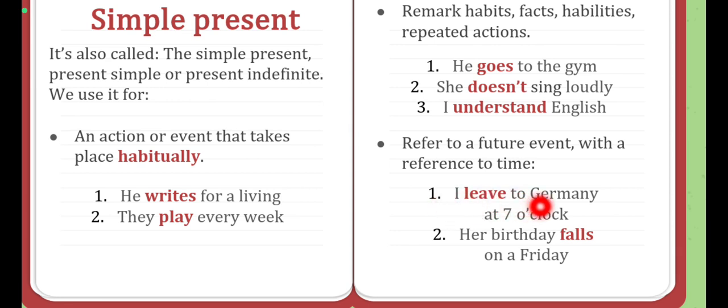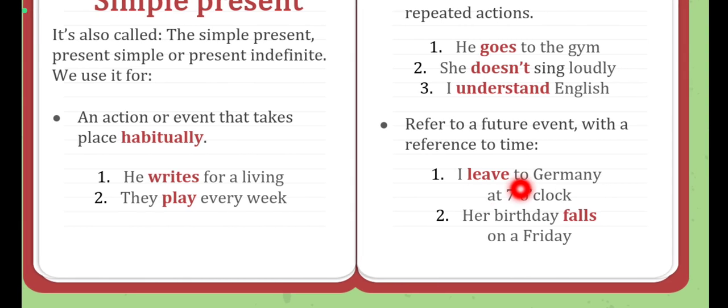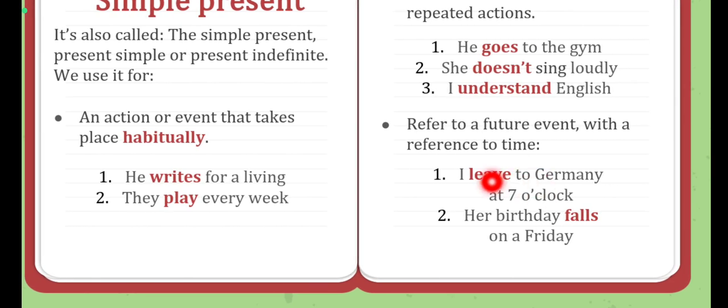So here we need to imagine that we are maybe the day before, and we are saying this at 7 o'clock. Or maybe it is the same day, but we are in the morning and this is 7 o'clock in the evening, so it is a time reference for the future.